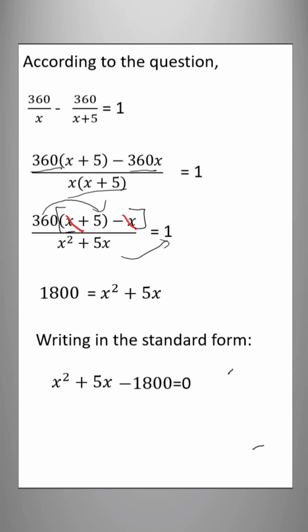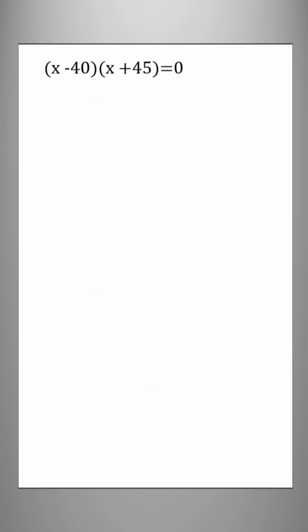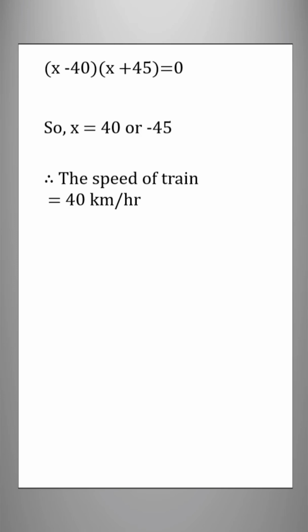How? x minus 40 into x plus 45 is equal to 0. So x is equal to 40 or x is equal to minus 45. Therefore, the speed of the train is 40 km per hour, since speed cannot have a negative value.